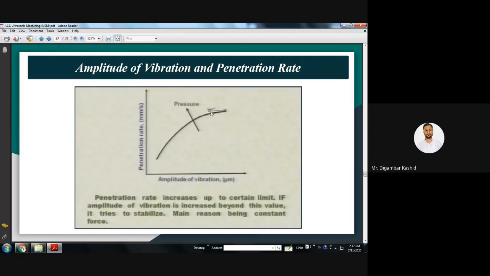Since the force remains the same, it tries to stabilize beyond this certain value of the amplitude. Okay, understood?